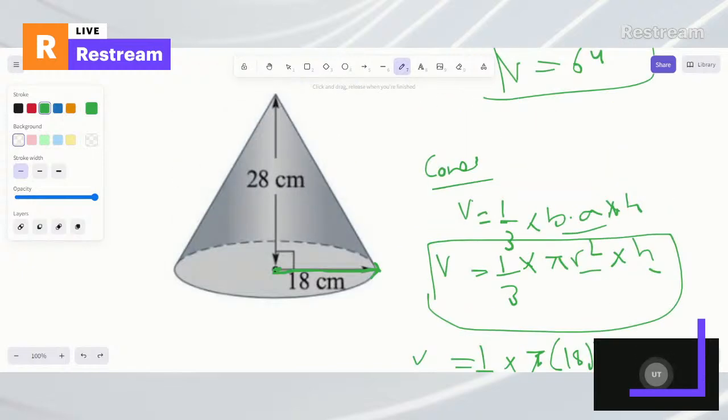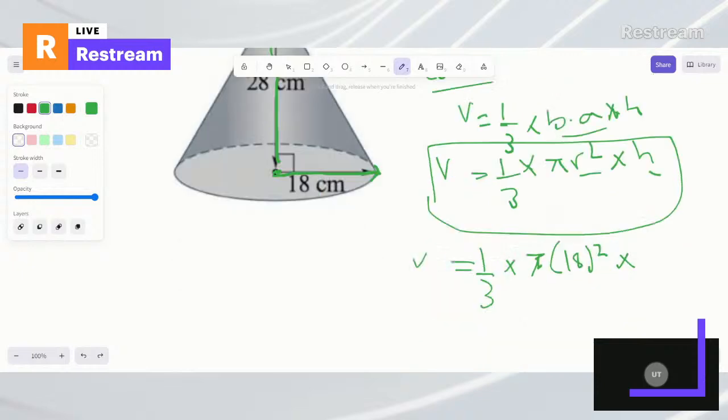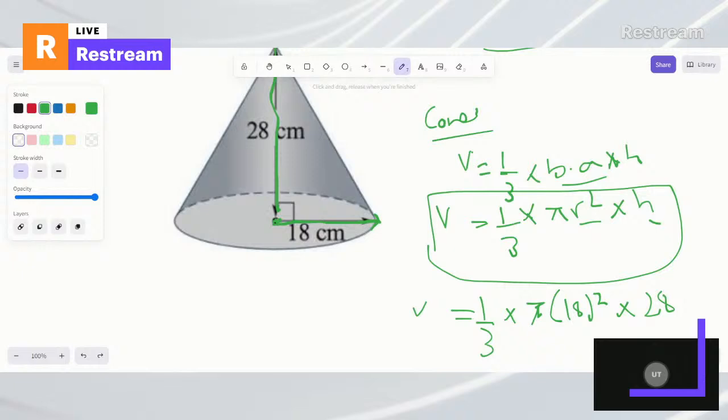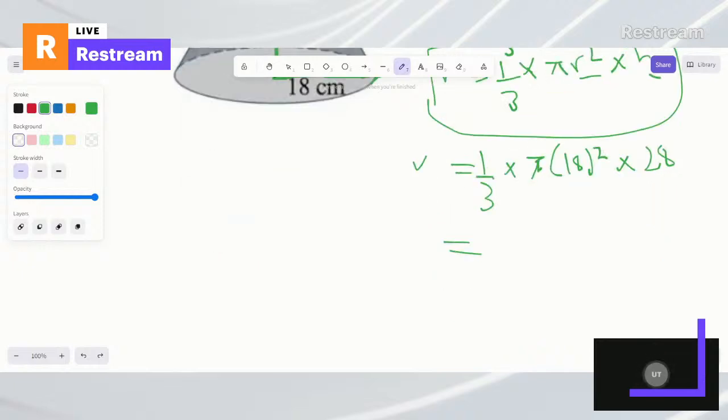Now what's the height? Height is 28, right? So now we're going to solve this equation and get the answer for our volume. So it's going to be pi times 18 squared times 28.